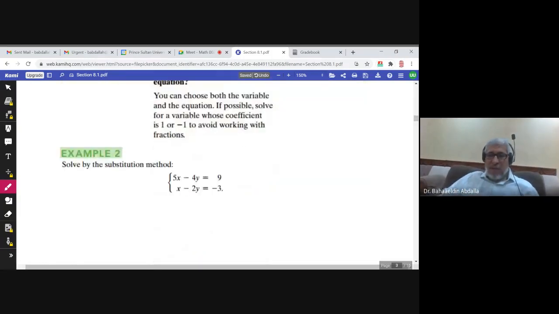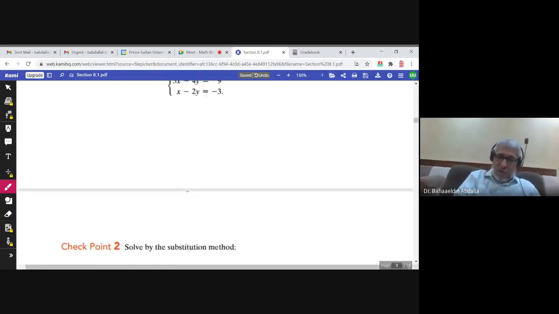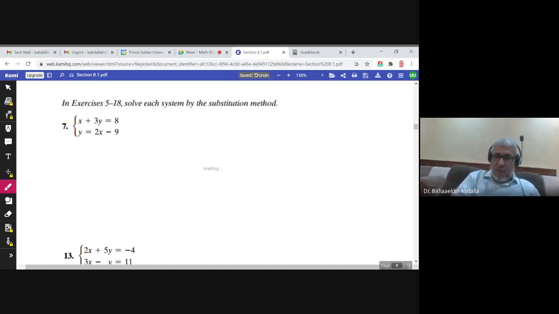For example, here the two equations are not solved for x or y. Here also, look here. The second equation is solved for y. That's good. So you can use this value of y and put it in the first equation.